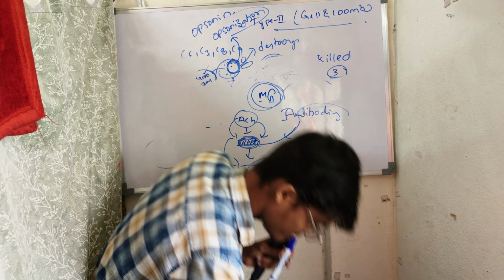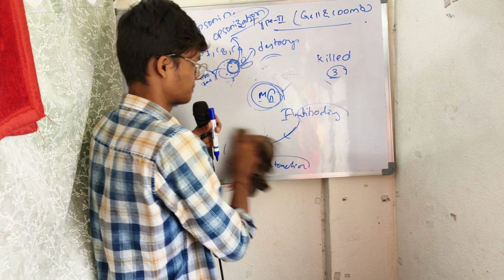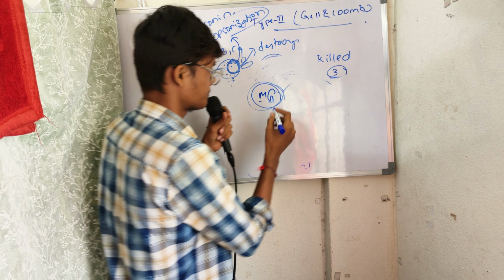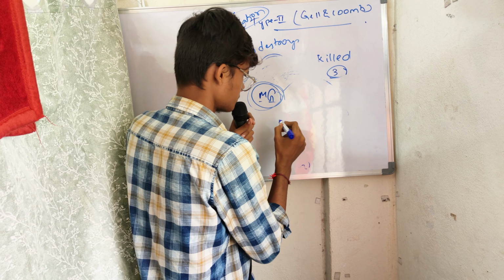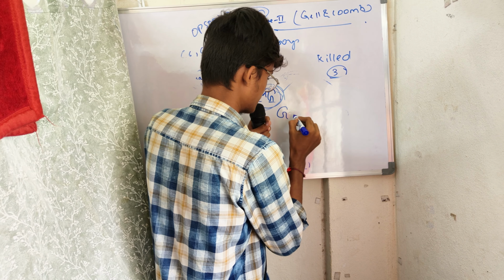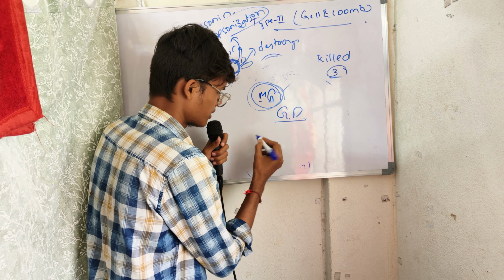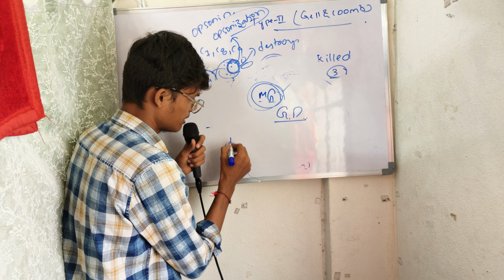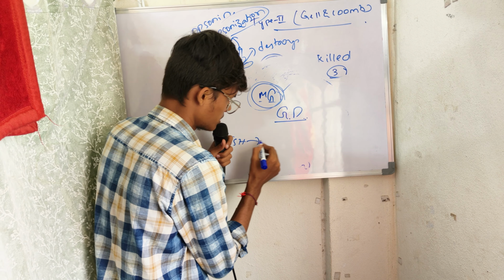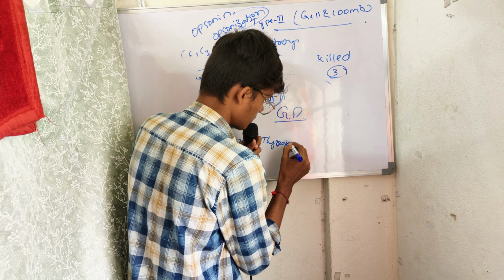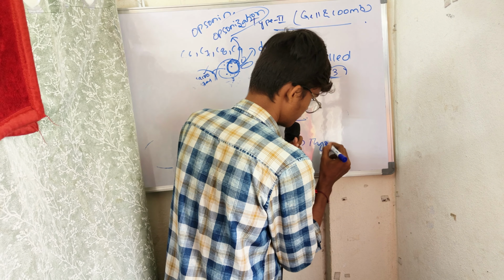Okay, this is one more outcome. We had known three outcomes, and one more we'll know. This is myasthenia gravis, and in Graves' disease of thyroid, the thyroid stimulating hormone stimulates the thyroid and produces thyroid hormone.